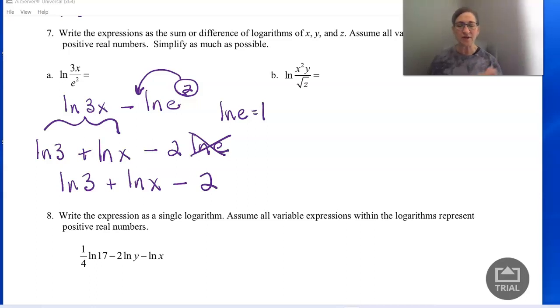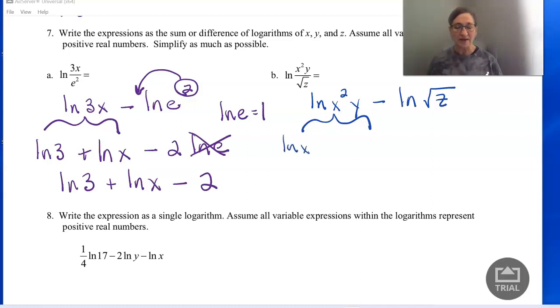Okay, let's use a different color. So this is going to be natural log of x squared y minus natural log of the square root of z. I'm going to separate the first term into 2 natural logs that are added. So natural log x squared plus natural log y minus, I'm going to convert that radical to a fractional exponent.